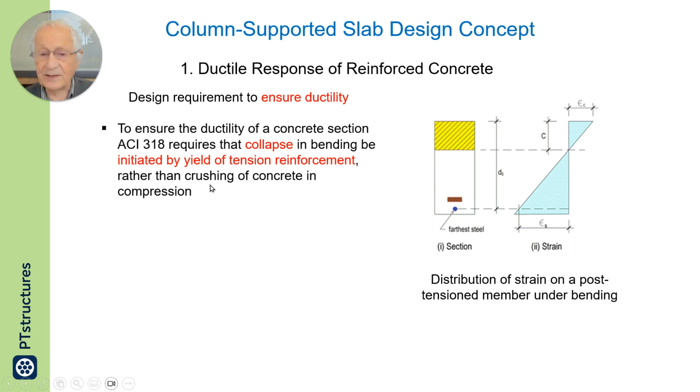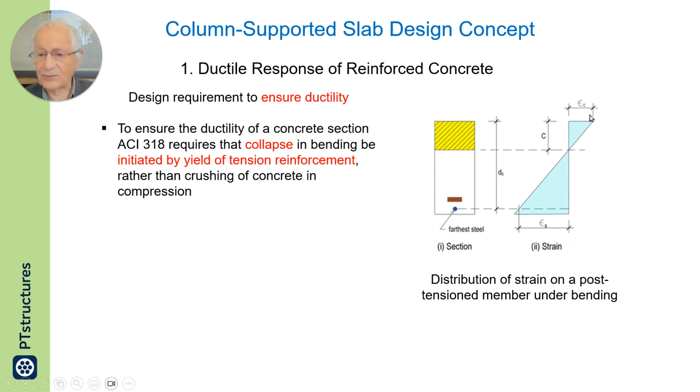So the design codes, such as ACI, make sure that the brittle part of the section, which is shown here, will not reach its limit before the section deforms substantially. How can this be achieved? By making sure that the reinforcement will yield before concrete reaches strength.